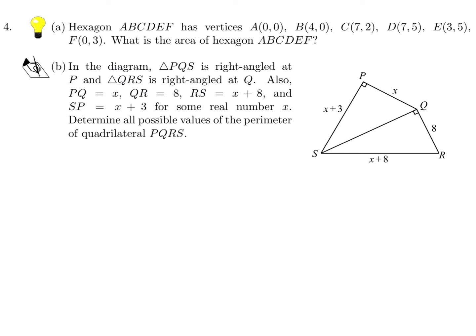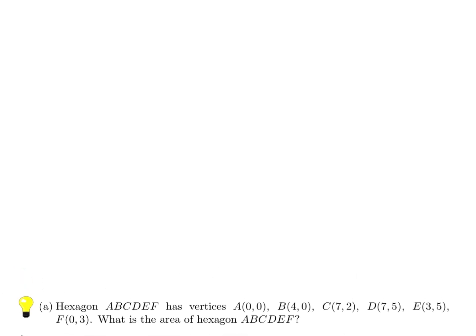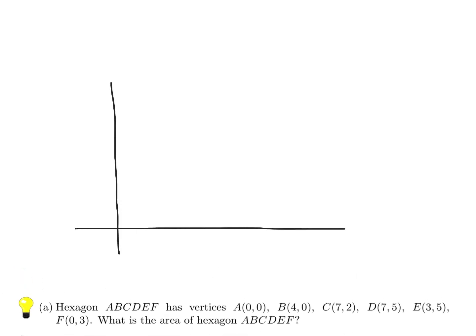Hexagon A, B, C, D, E, F has these vertices. What is the area? All right, so let's plot that and we'll try to figure out the area. So we've got 4, 0. And then we have 7, 2, so approximately here somewhere.